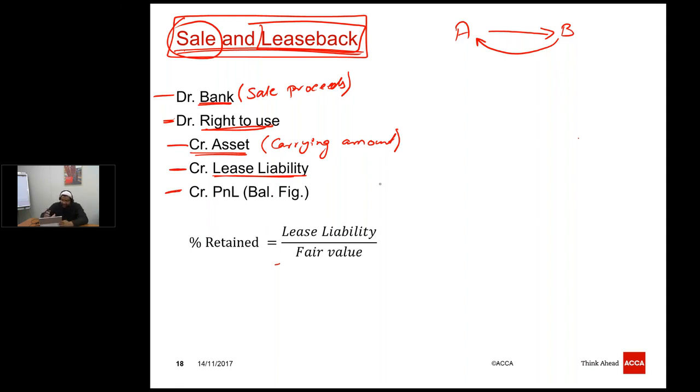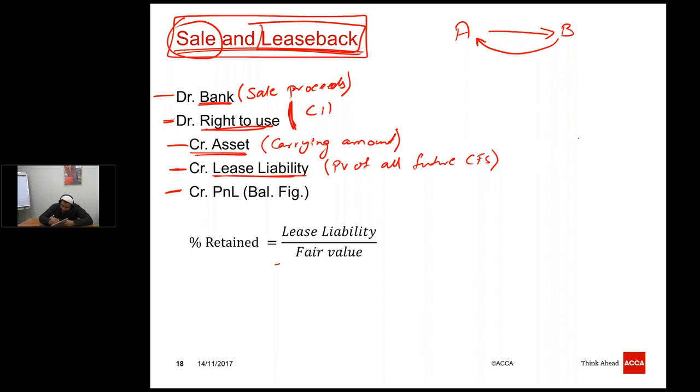So lease liability will be recorded by what amount? By the present value of all future cash flows. Now the only thing left is the right to use. By which amount are we going to record the right to use?